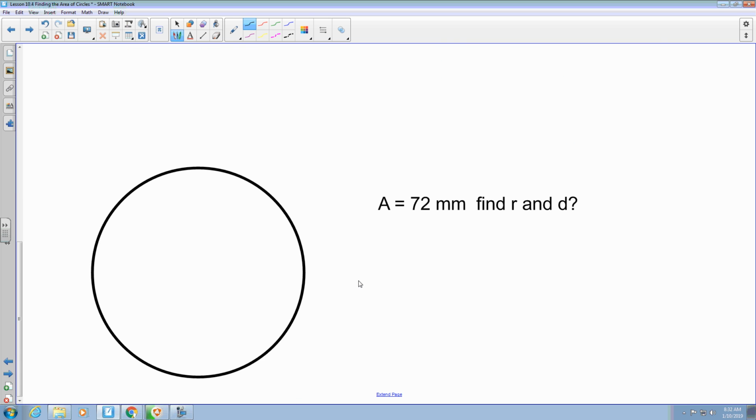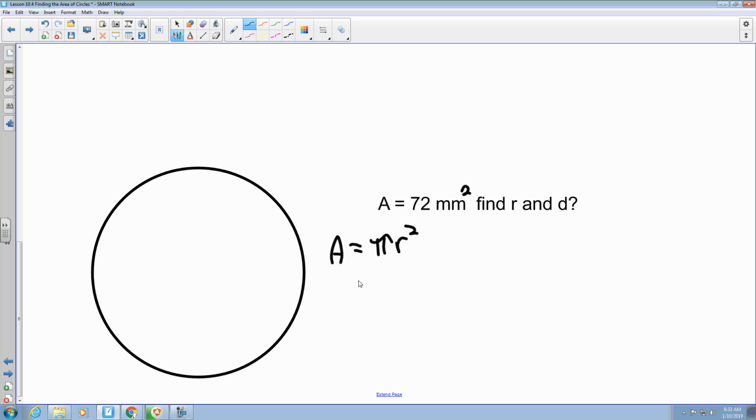So now in this situation here, they gave us the area. This should be 72 square millimeters, and they want us to find the radius and they want us to find the diameter. So go here, area equals pi r squared.